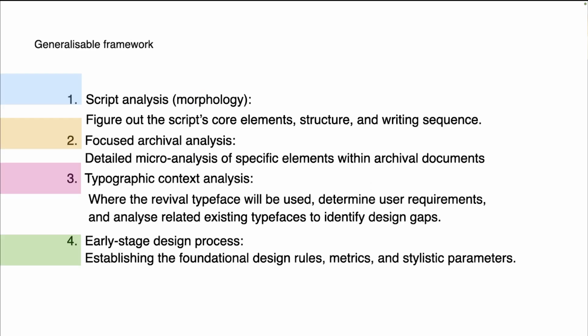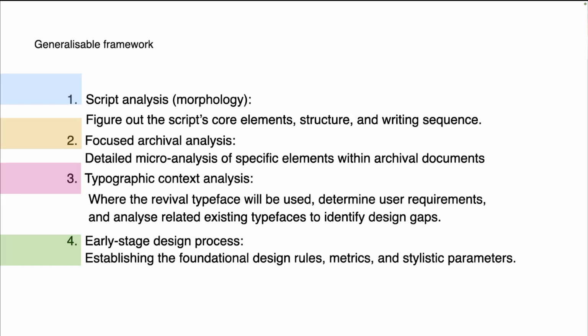This research proposed a design-led analytical framework with 4 steps. First is the script-level analysis, where we figure out the script's core elements, structure, and writing sequence. Second is focused archival analysis. We zoom in on the archival documents to see specific elements, for example, the shape of in-strokes and out-strokes.